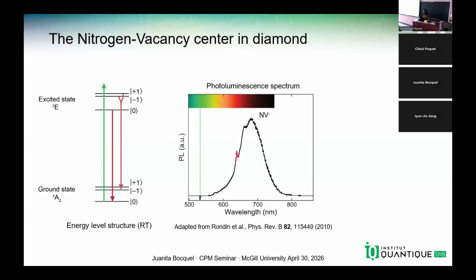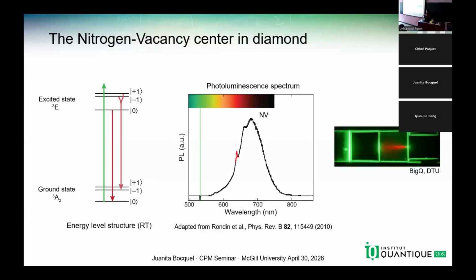If you look at the optical spectrum, it looks like this. You have the zero-phonon line at 675 nanometers, and the phonon sideband also in the red. In fact, if you take a diamond with a lot of these defects and shine enough green light, you can actually see this photoluminescence quite clearly. This is quite impressive to see.